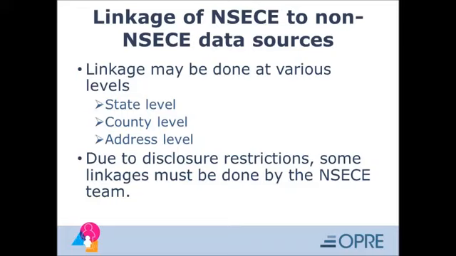Because of disclosure restrictions, the ways in which these different types of data are accessed vary, and in some cases, for example, at the address level and usually at the county level, a given research team could commission the NSECE project team to create variables or prepare a data file that would allow the research team to exploit the data without actually seeing the identifiers that would compromise confidentiality.